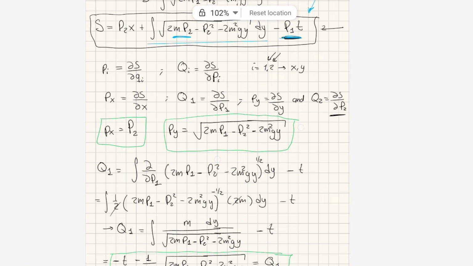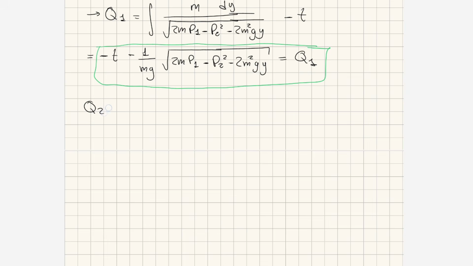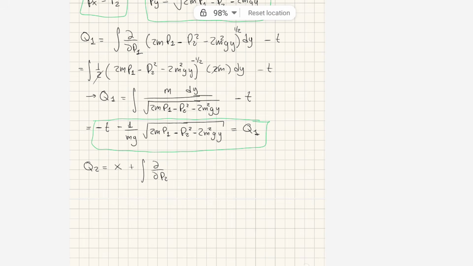It's going to be very similar to the procedure that we just followed. So q2 is going to be equal to x plus the integral of the partial with respect to p2 of 2m p1 minus p2 squared minus 2m squared gy raised to the 1/2 dy.